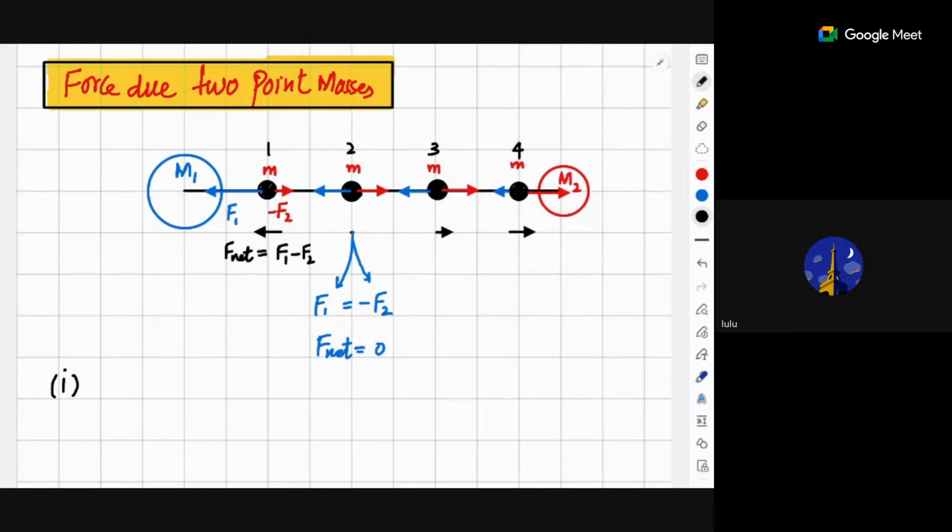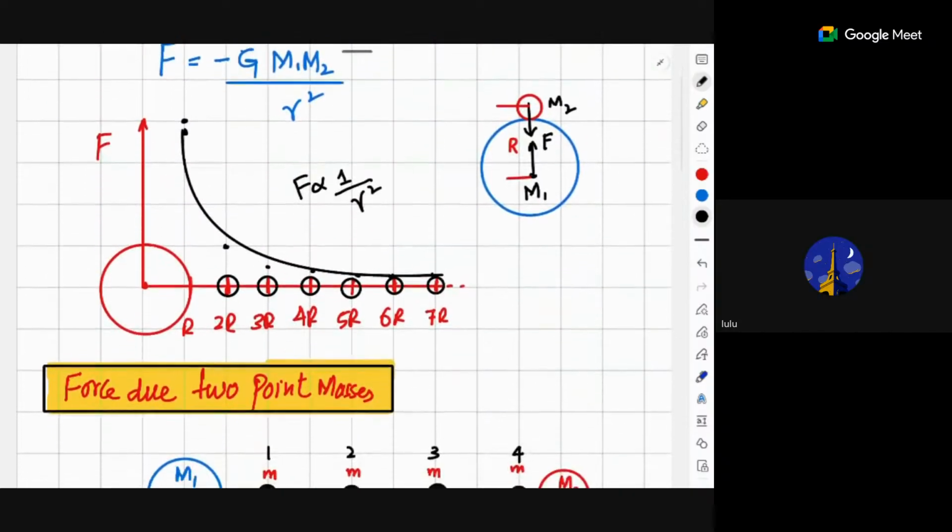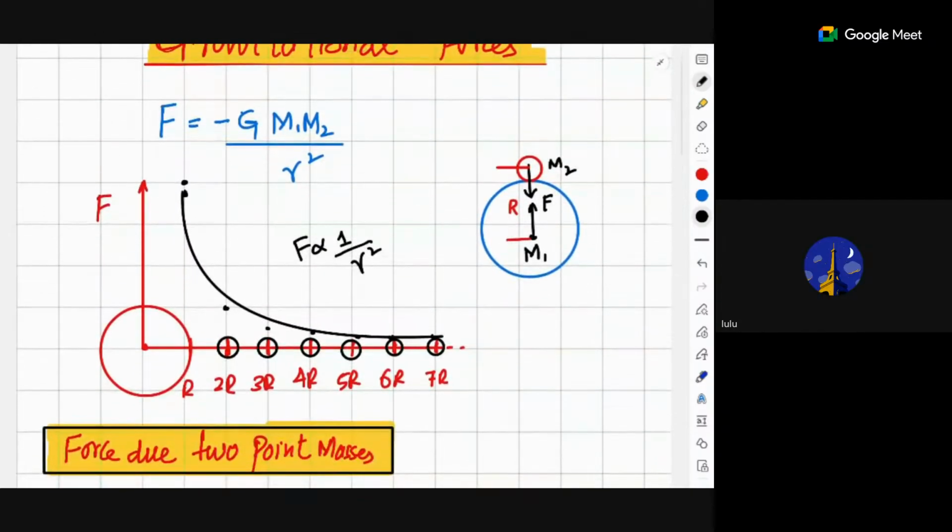Okay, so this was the topic we were talking about. In the last discussion, we discussed that gravitational force has this behavior, that the force decreases with increase in distance, and it follows the inverse square law. And this was basically Newton's law of gravity, which I have stated here.